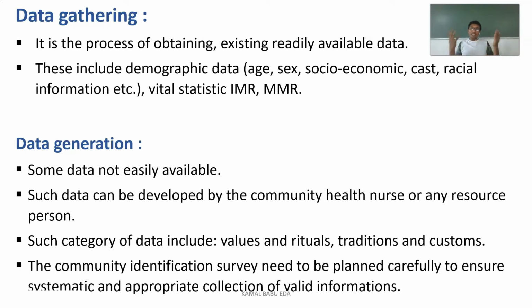It includes demographic data: how many persons in each age group, the sex ratio, the socio-economic status of the community, the caste, what religions are living together, and the racial information available. We also check the infant mortality rate and the maternal mortality rate, IMR and MMR. This is data that is already present in the community. Your role is to identify it and gather the data.